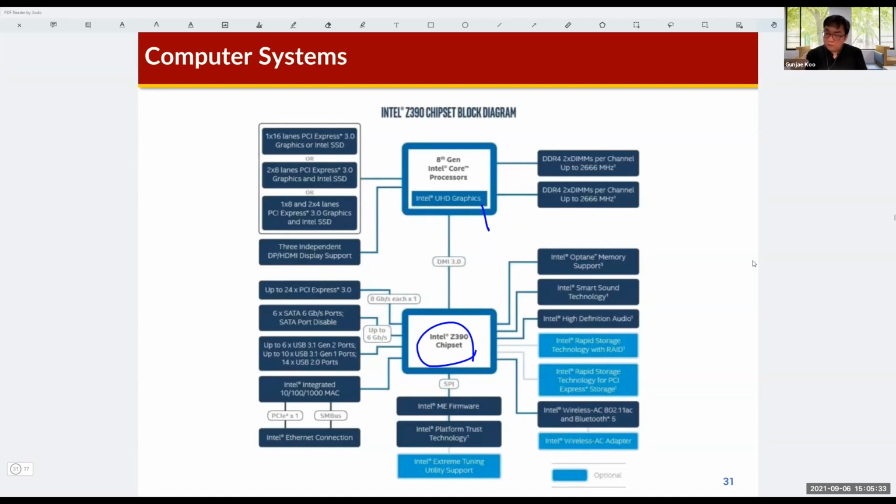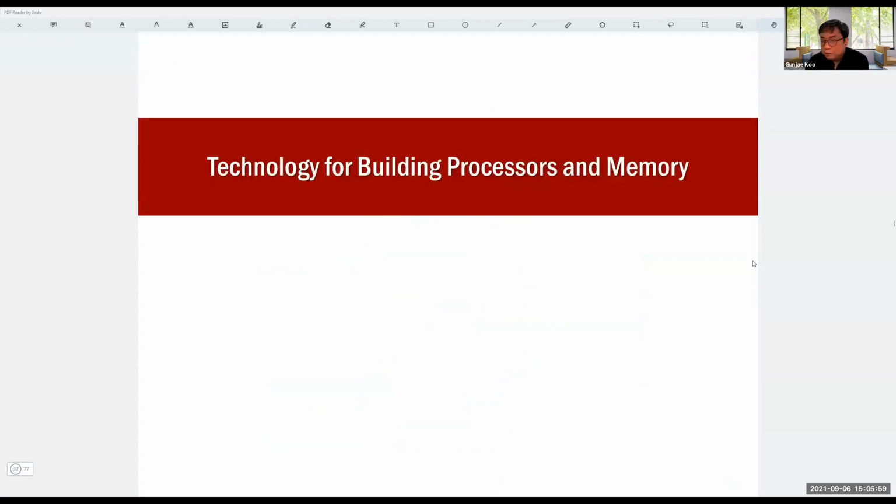With these abstraction levels, we understand some knowledge, but some details are hidden. But it's the required knowledge for studying computer hardware or computer systems. Okay. Let's move on.